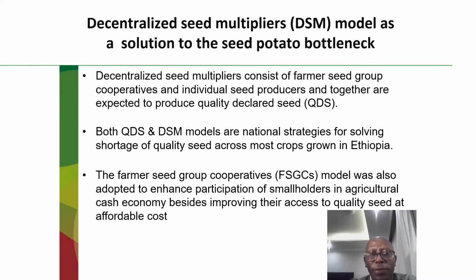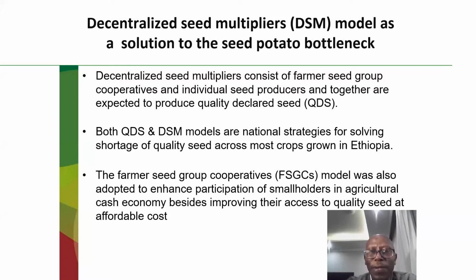Shortage of quality seed is not peculiar to potato, but other crops that are grown in Ethiopia. In an effort to increase the quantity of quality seed that would be available to farmers, the government came up with an idea of production of QDS through decentralized seed multipliers.